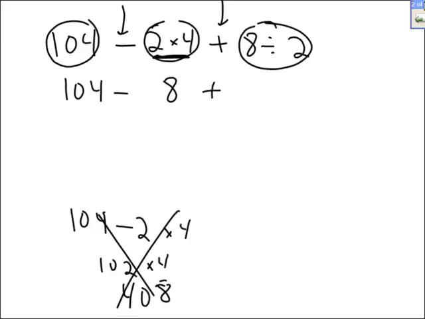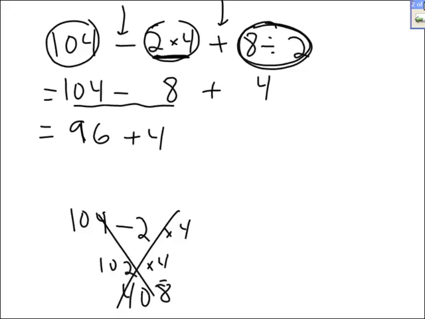Plus, we're adding on not 8 and then dividing the whole result by 2, but we are adding on 8 divided by 2, which is 4. So 104 minus 8 is 96, plus 4 more, it's 100.